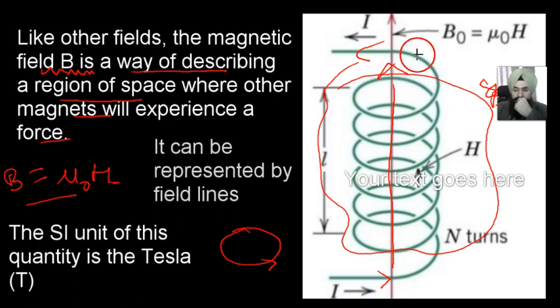It becomes the north pole, it becomes the south pole, and there will be a magnetic field around the coil. So long as the current is passing, the coil turns into a magnet because of the current.